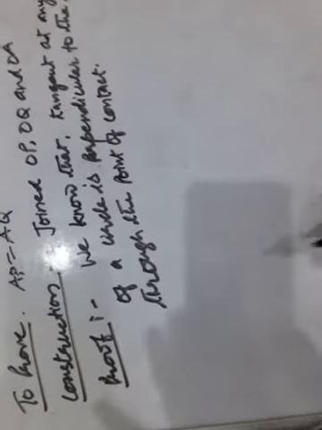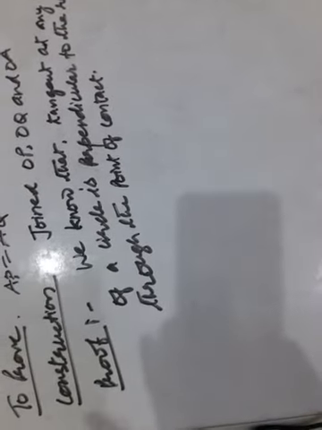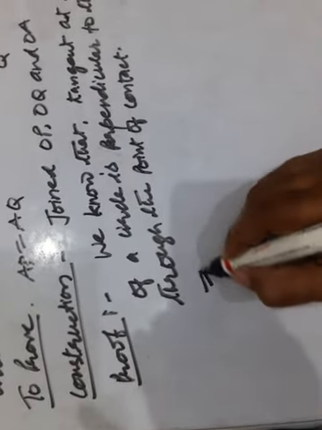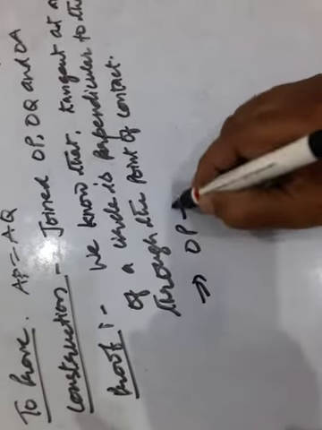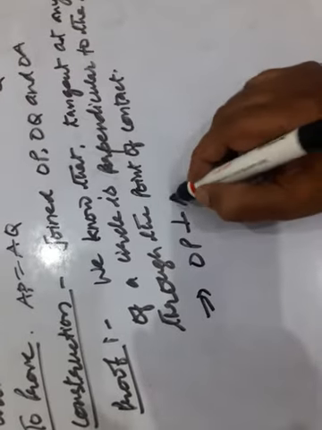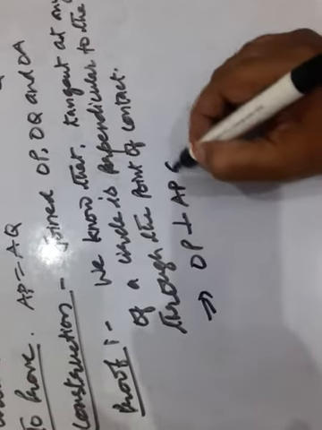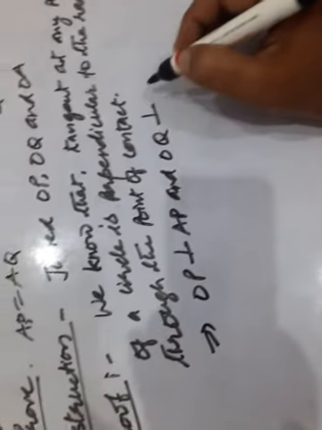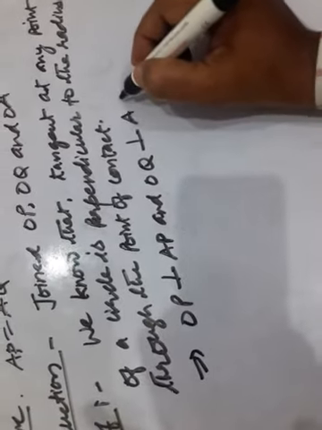Okay, children. Now this implies that OP is perpendicular to AP, and OQ is perpendicular to AQ. Clear, children?